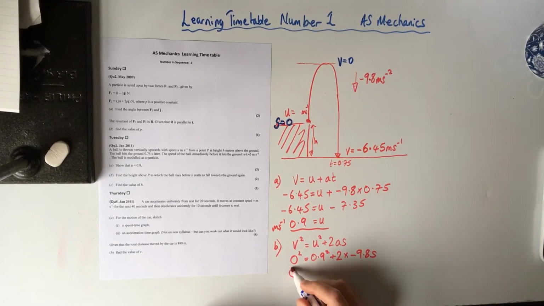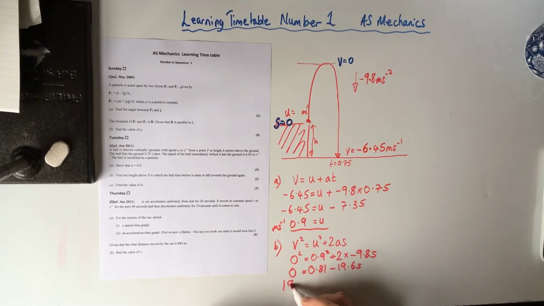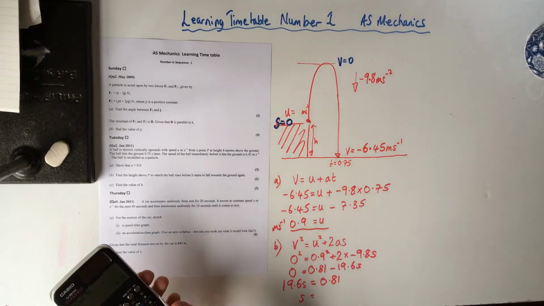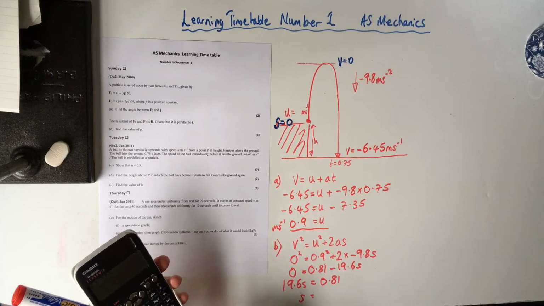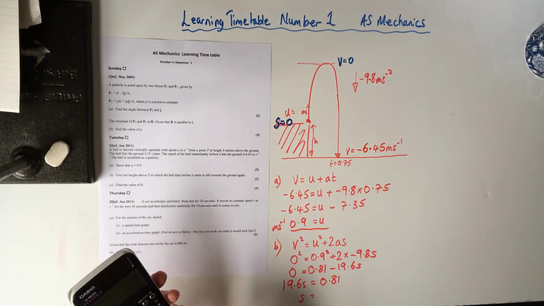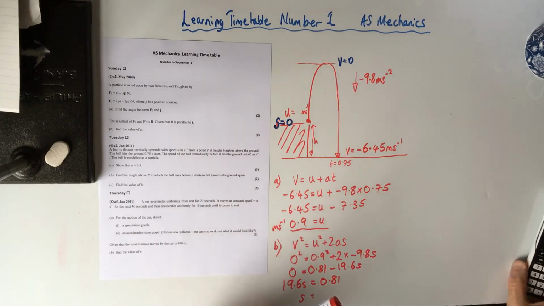So 0 is equal to 0.81 minus 19.6 s. 19.6 s is equal to 0.81, and s is equal to 0.81 divided by 19.6. Not very high actually. Divided by 19.6 is equal to 0.04.